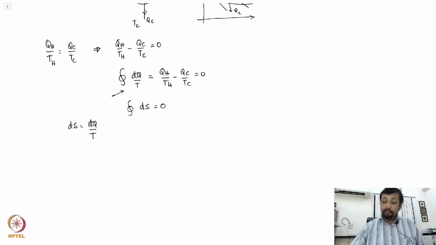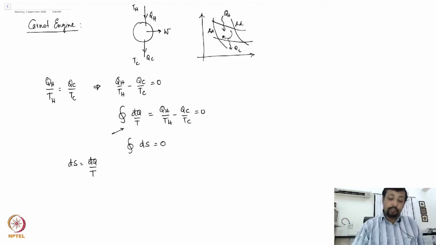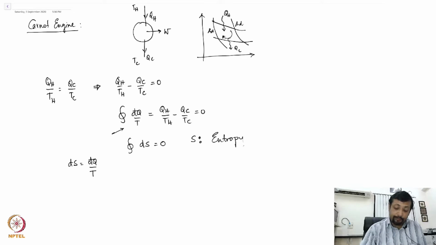I have taken the whole system, the Carnot engine, through a cycle, and I find that there is no change in the quantity S. This is what we call entropy.